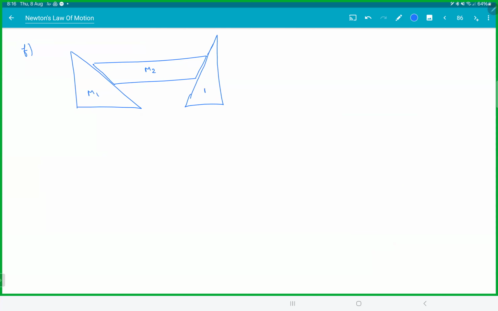M1, M2, M3, three wedges. The angles and all, later on we will see when you take components in the next class.